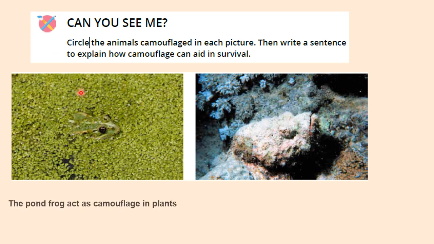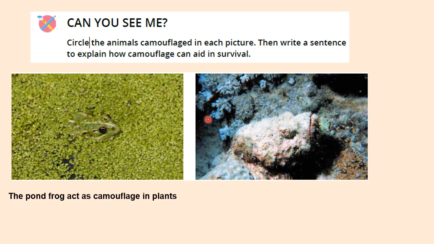In another picture, we have a fish that acts as a camouflage in sea rocks. Yes, it looks like a rock. I can't see it clearly, so I can say it's a rock, not a fish. But it is a fish, and it acts as a camouflage.